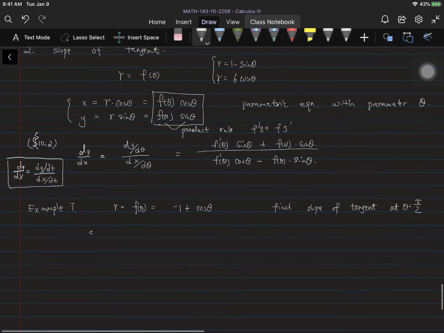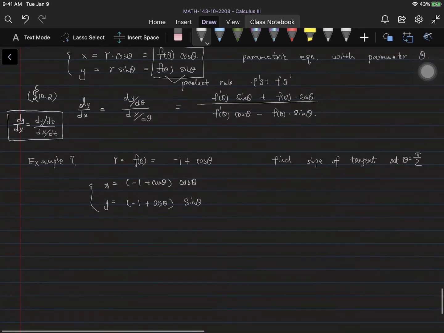First step, let's write down our parametric equations. x is r cosine theta, y is r sine theta. Right? If you want, you can also simplify, but you don't have to. You can do either way. There's no unique method. So let's see, what's the dy/dx?